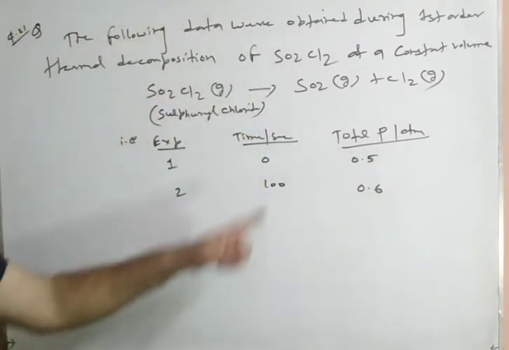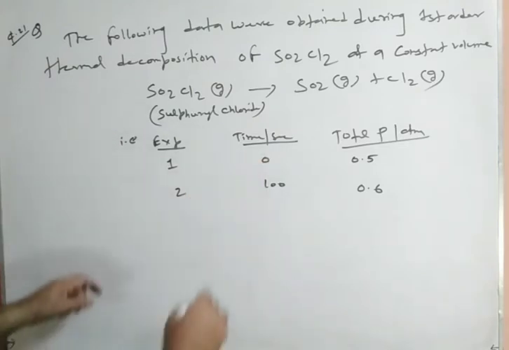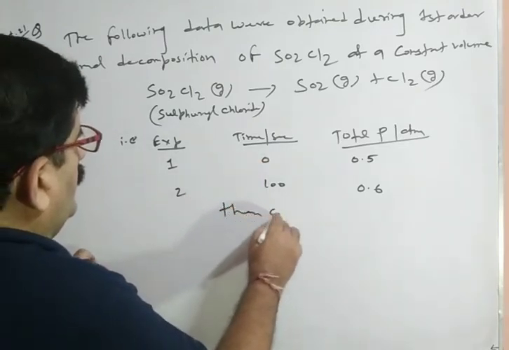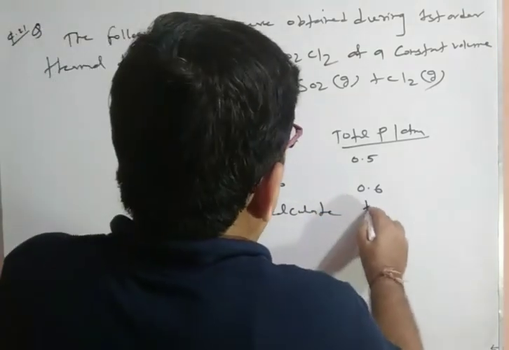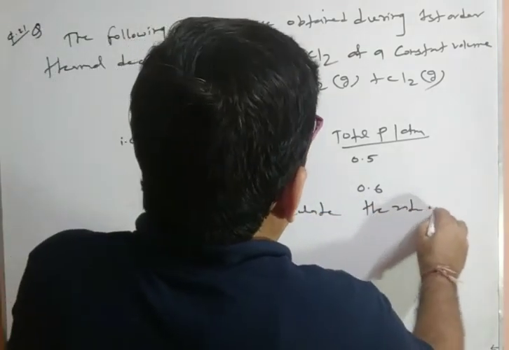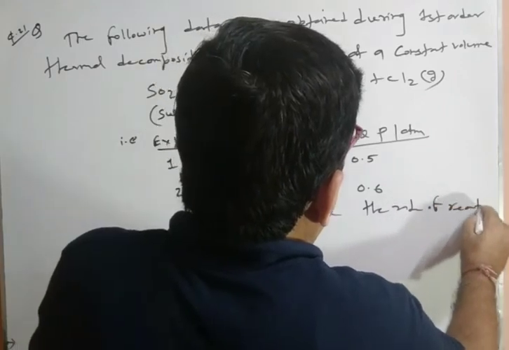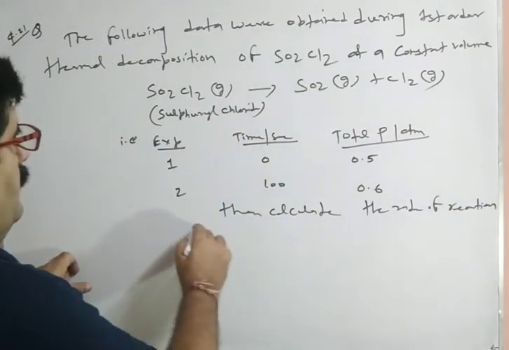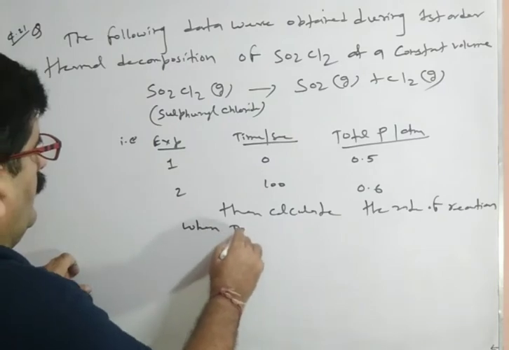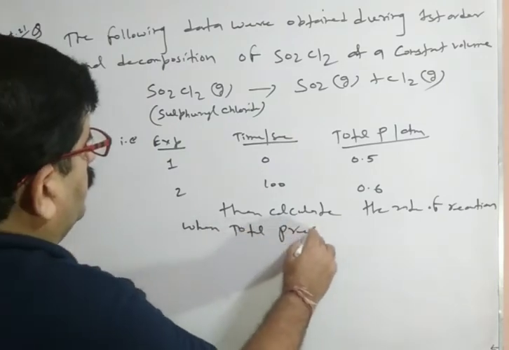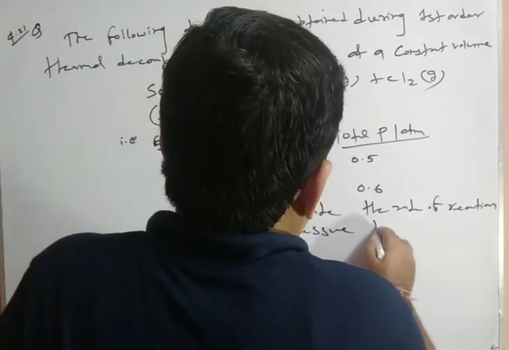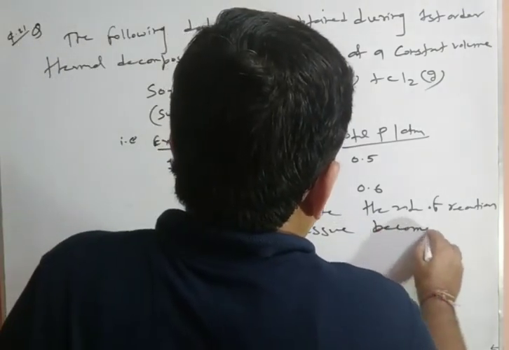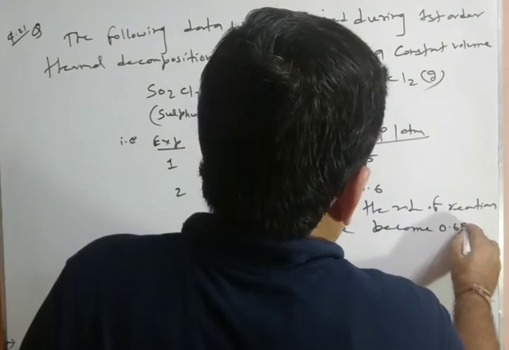Always remember, total pressure is given. Then calculate the rate of reaction when total pressure becomes 0.65.